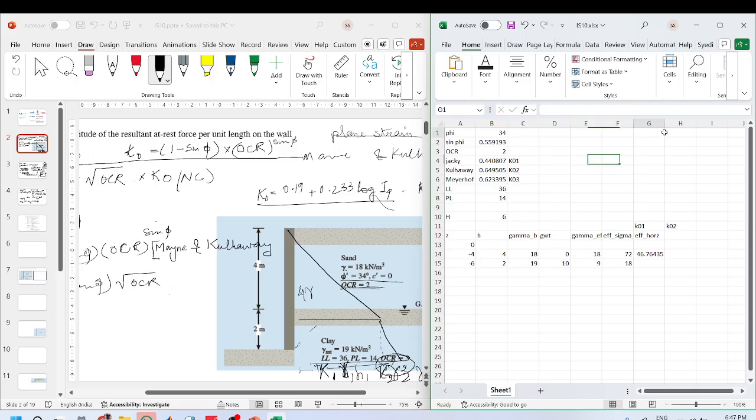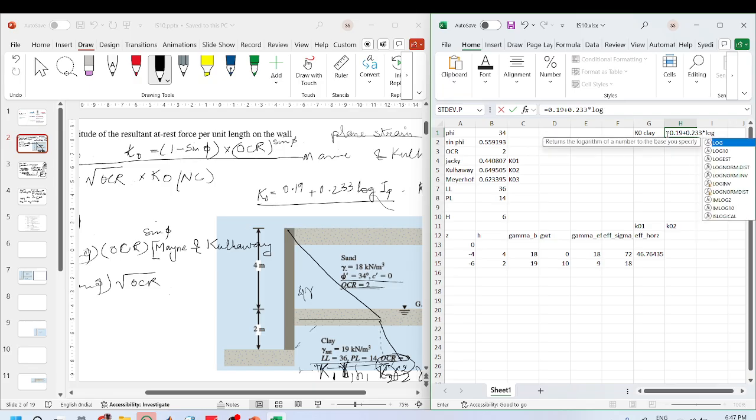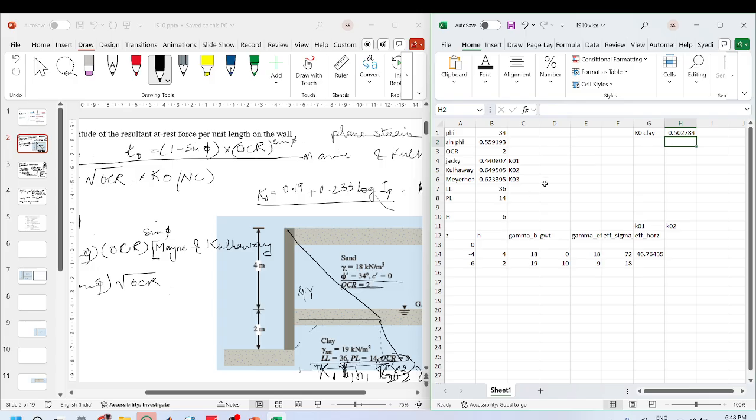So your K naught for clay is 0.19 plus 0.233 into log of liquid limit minus plastic limit, which is around 0.5 for clay.